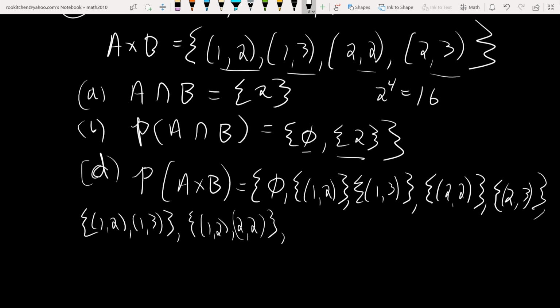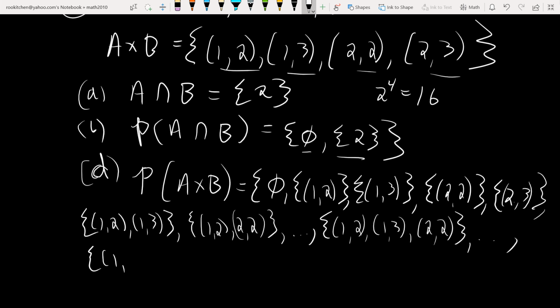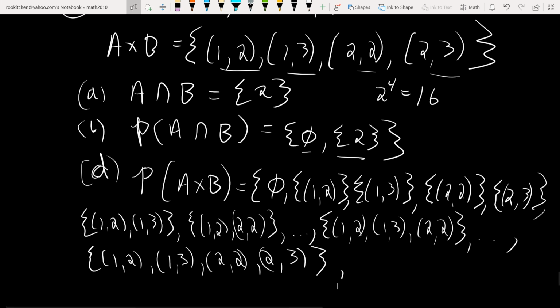Okay, and then there'd be some more of those, and then you would get to the sets that contain three things. Okay, more of those, and then you would get to the sets that contain four things, and there's only one of those. That's just A cross B. Okay, okie dokie. And there should be 16 things in there if you go through it.